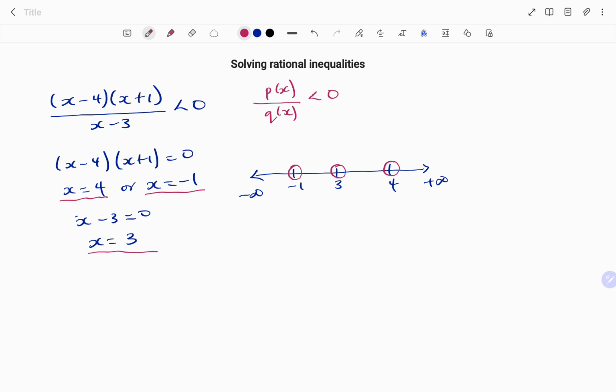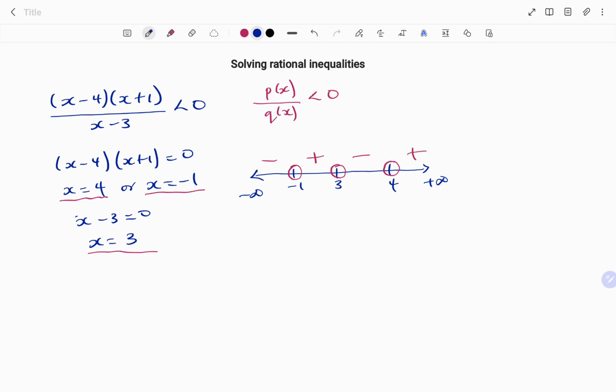In the other regions, we need values less than 0, that is negative. If you try it out, pick any spot less than minus 1, you're going to have a negative value here. Between minus 1 and 3, you're going to have a positive value. Between 3 and 4, you're going to have a negative value. And anything above 4, you're going to have a positive value.